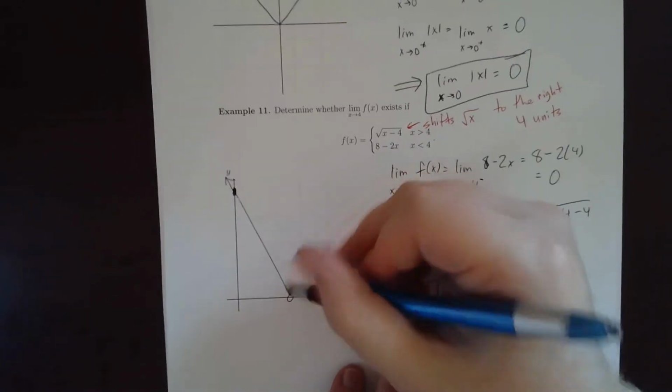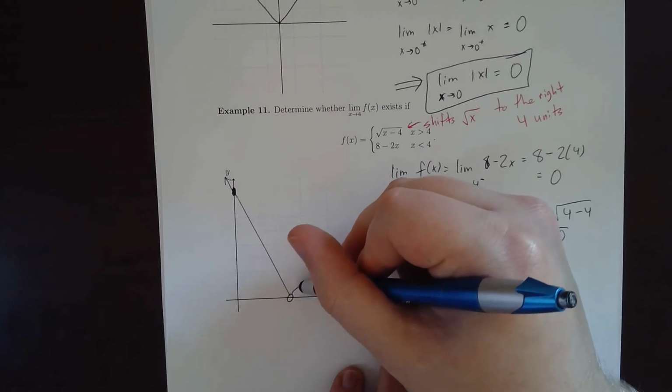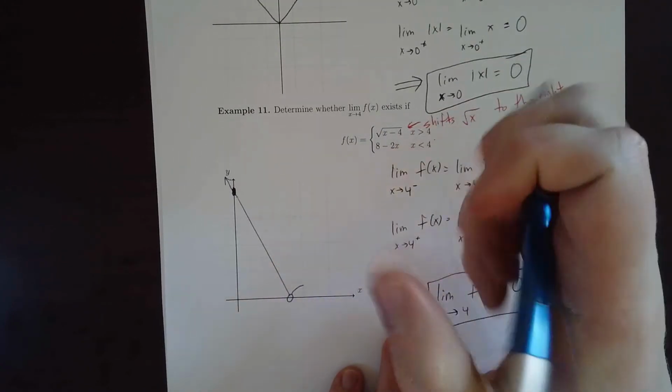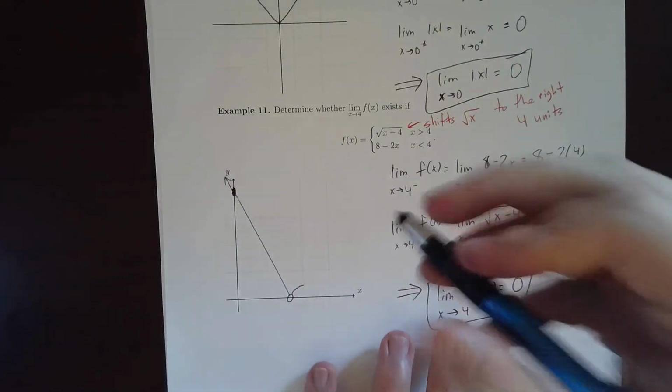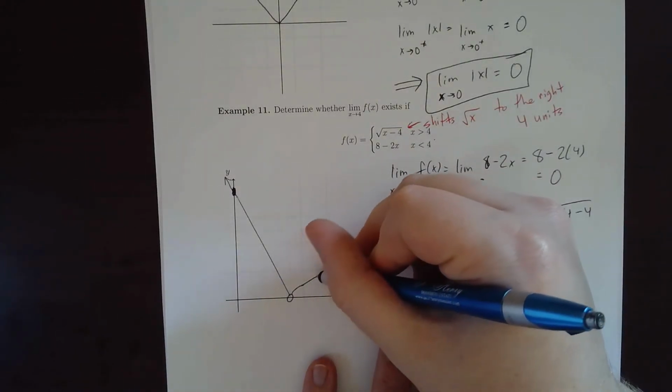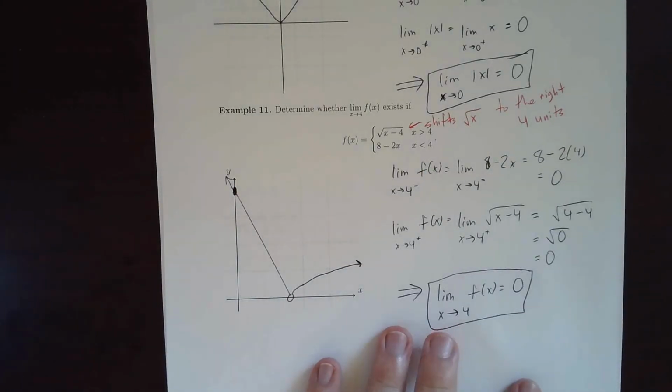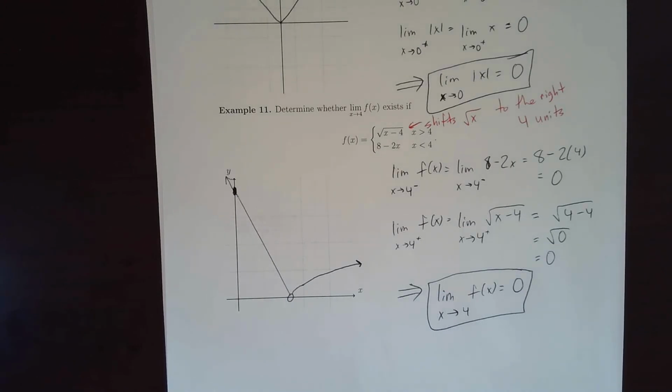And so we start off here, we'll end up with this point, we'll end up with this point a little bit later, and we will keep on going. So there's our square root function.